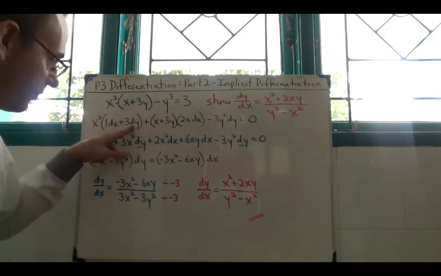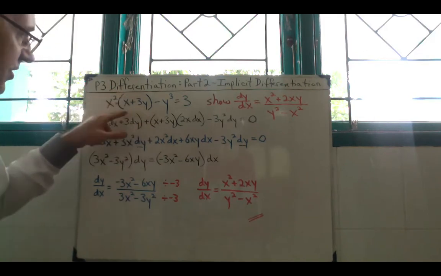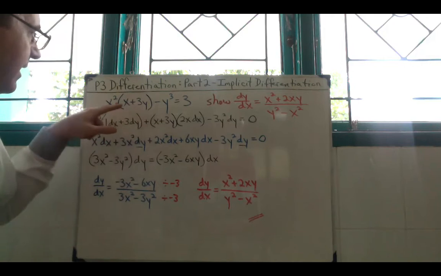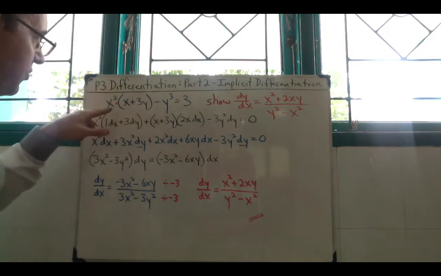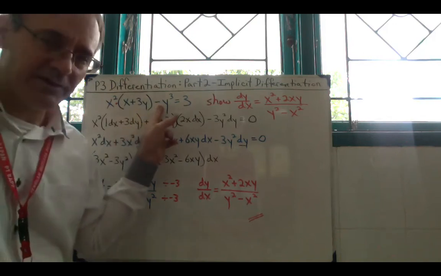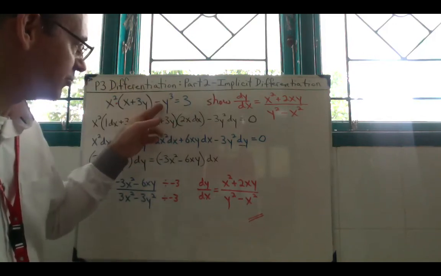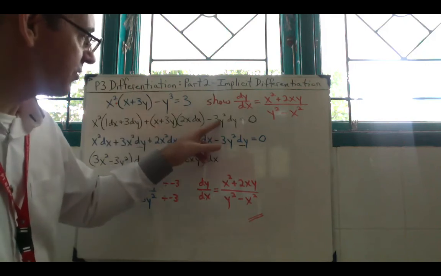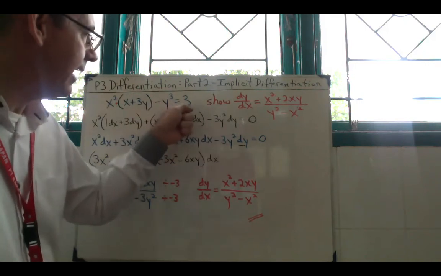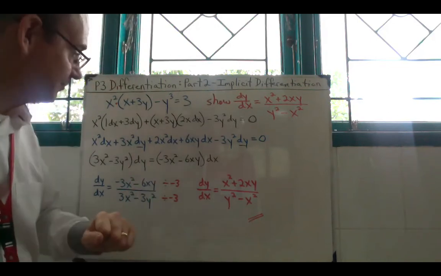Again, don't forget the differential. And then plus 2, the second term, the parentheses, d1, which is 2x dx. Then we move over to this other term and just do the algebra rule here. So we get minus 3y squared dy, and don't forget that the derivative of a constant is 0.